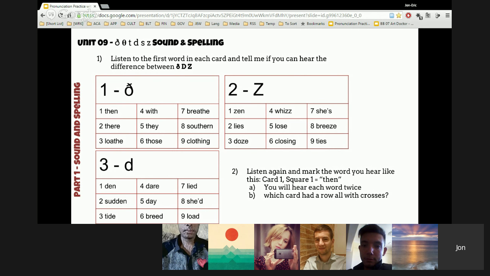Zen. Clothing. Lied. Sheath. Closing. Southern.